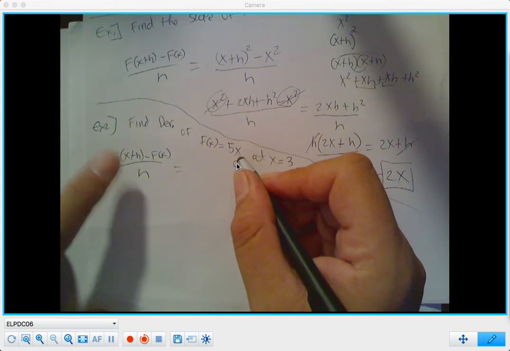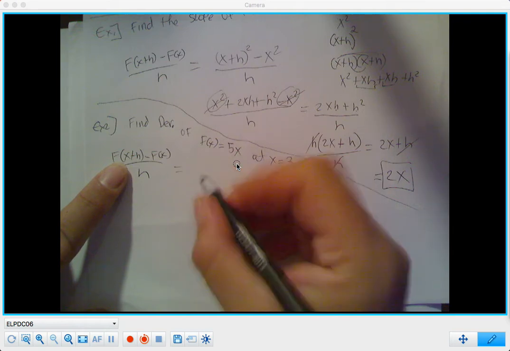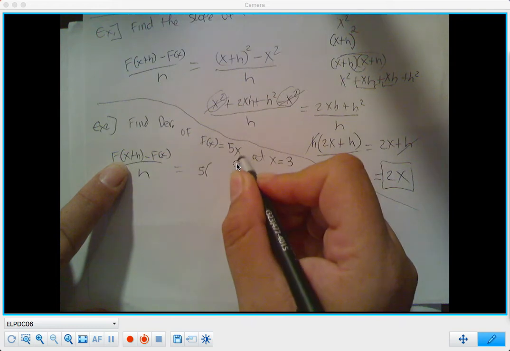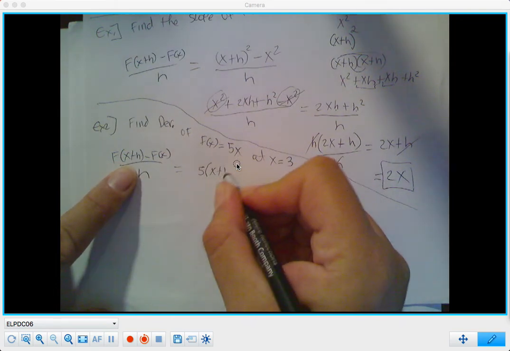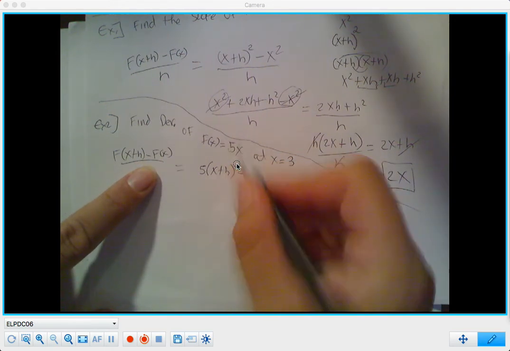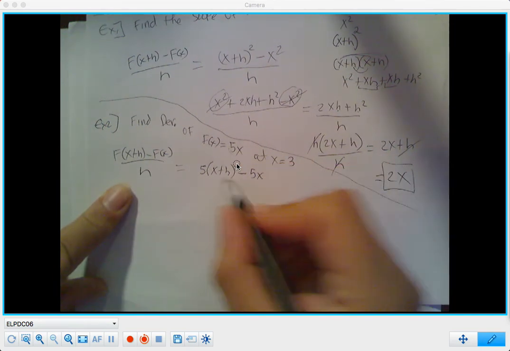Every time you have an x, you're going to copy this. So here I have a 5 and I have an x. So I'm going to say 5, open the parentheses, and instead of x, I'm going to put x plus h. 5 times x plus h minus, what is f of x? What is 5x? 5x. And then all over h.